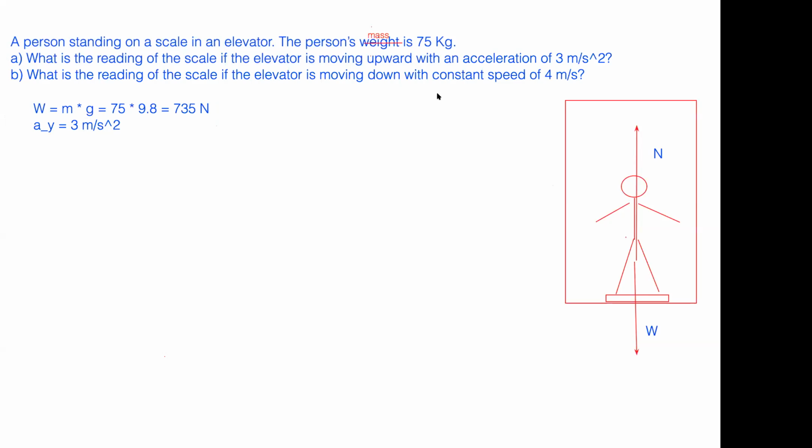One very important rule when it comes to the elevator problems, I will put that in red and in bold too, is that the scale of the elevator reads the normal force.